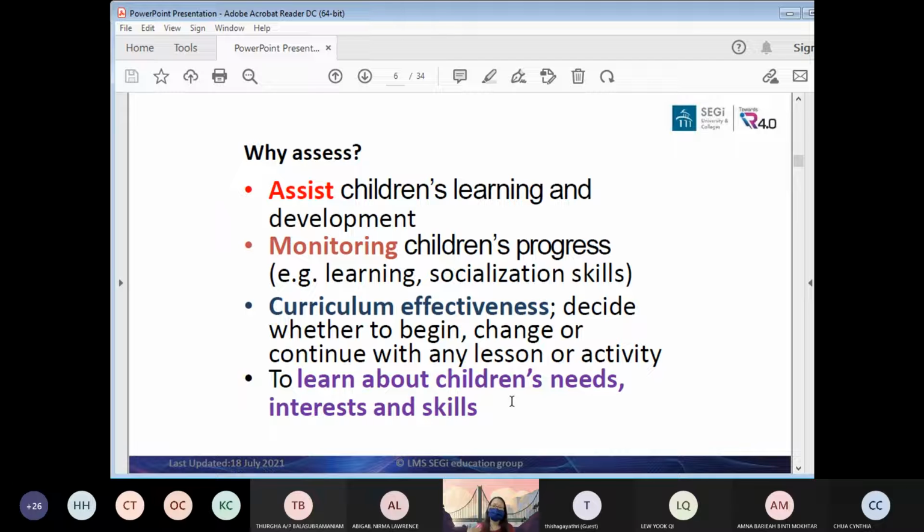And then we monitor their progress, their reading skills, their speaking skills, and their socialization skills. And then curriculum effectiveness: decide whether to begin, change, or continue any lesson.